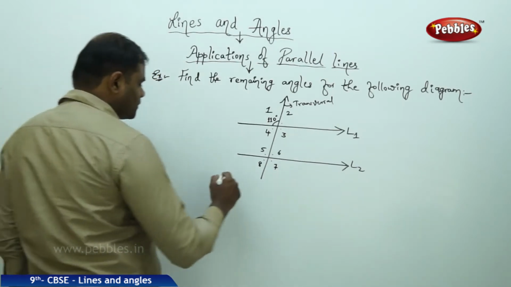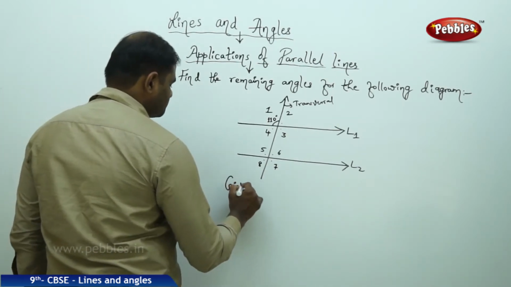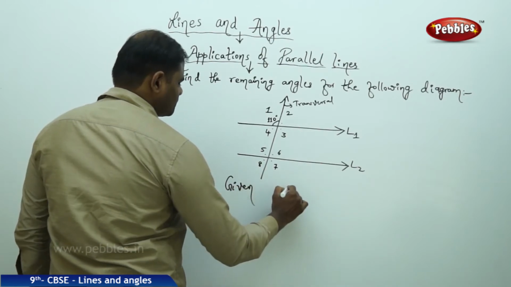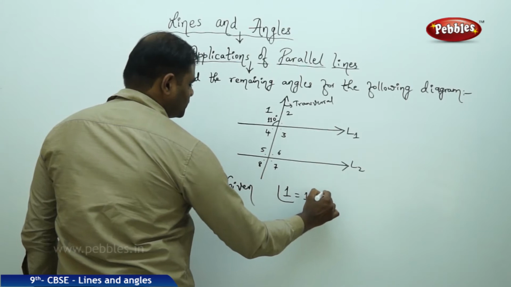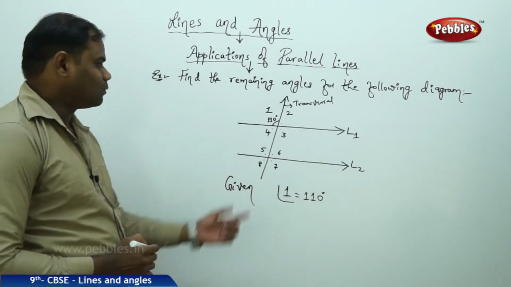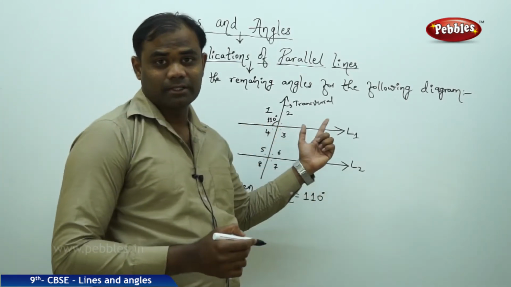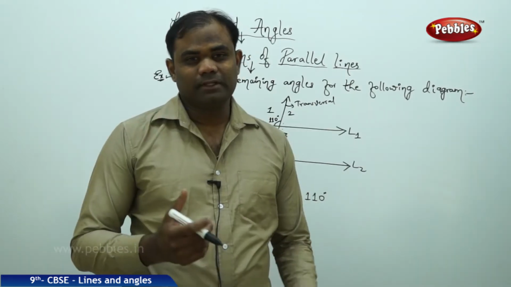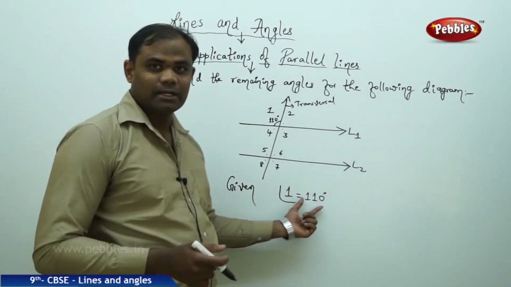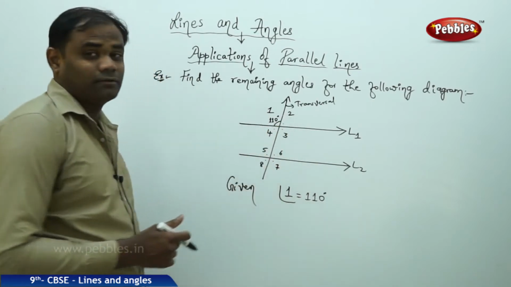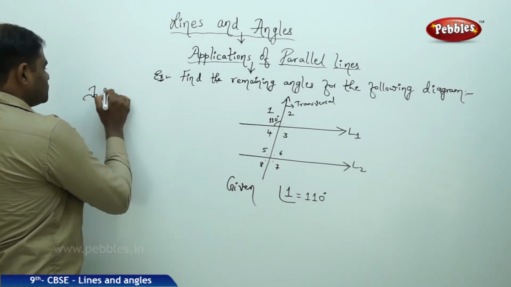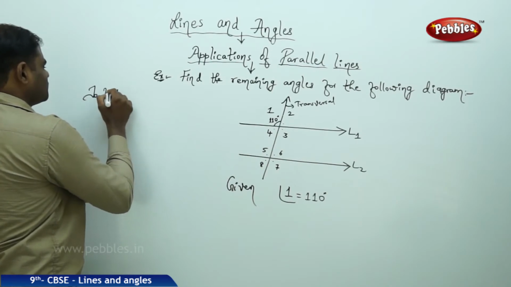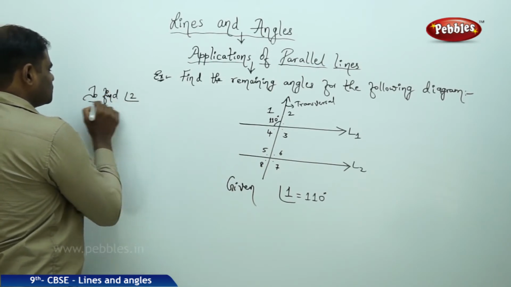So here it is given angle 1 is equal to 110 degrees. Given that angle 1 is 110 degrees, let's first find angle 2.